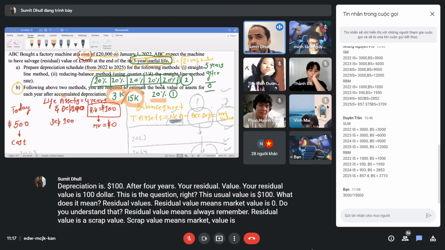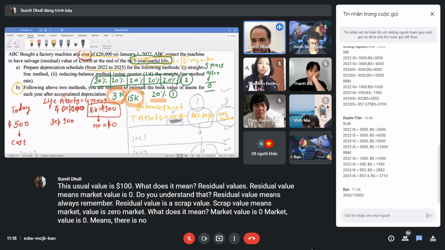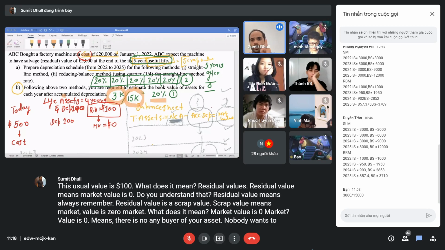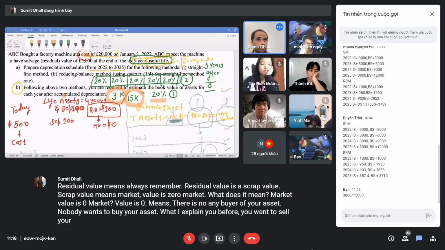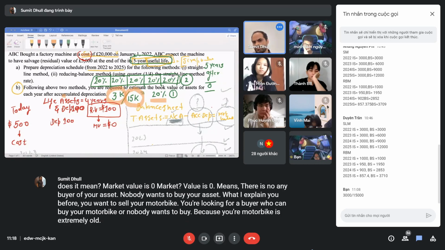What does it mean that market value is 0? It means there is no buyer of your asset. Nobody wants to buy your asset. What I explained before: you want to sell your motorbike, you're looking for a buyer, but nobody wants to buy because your motorbike is extremely old. So market value is 0, right?